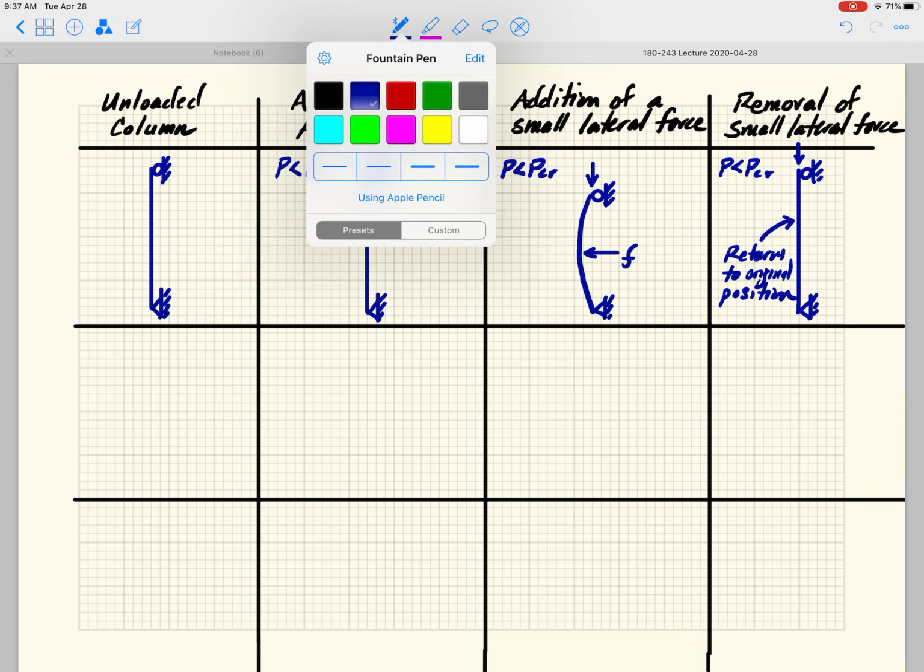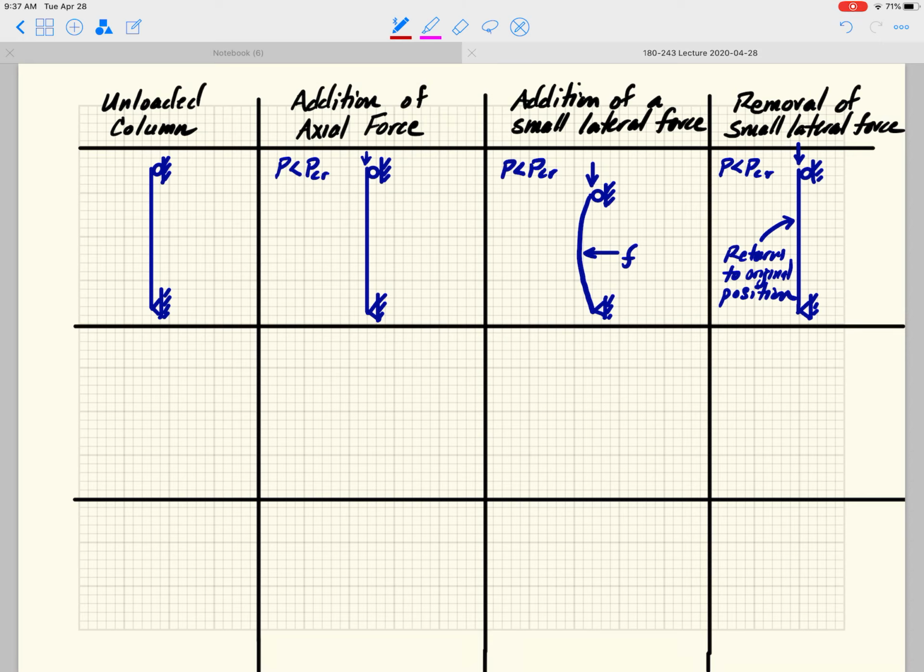All right, so now let's look at, and I guess I'll do this in red, what happens when P is equal to P critical. So this guy looks like this. My little axial force.